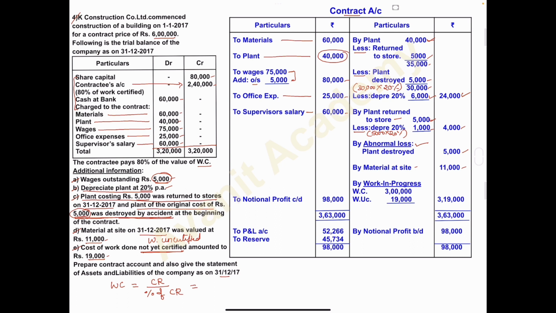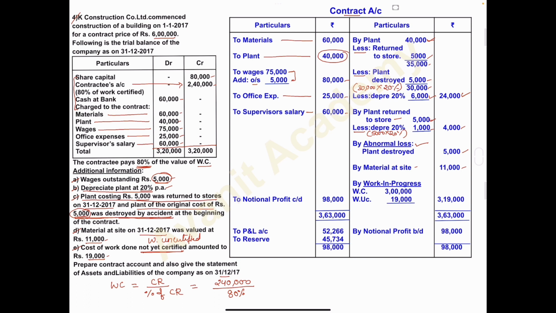Cash received by the contractor, 2,40,000. And the percentage of cash received is, contractee pays 80% of the value of work certified. So divided by 80%. 2,40,000 divided by 80%.